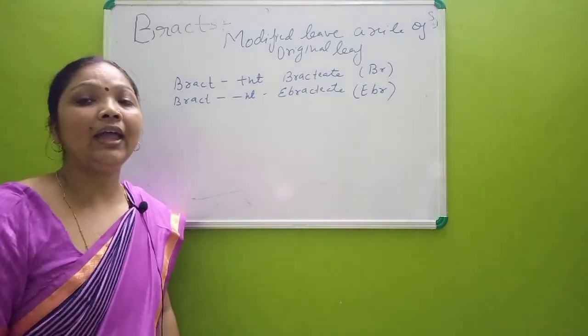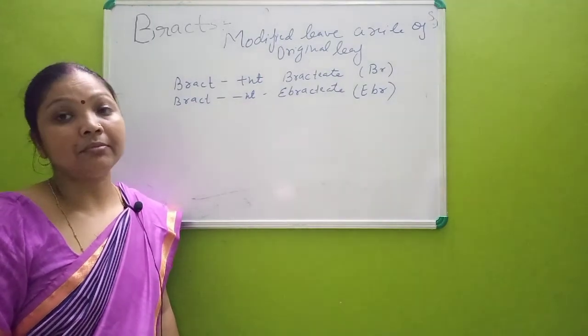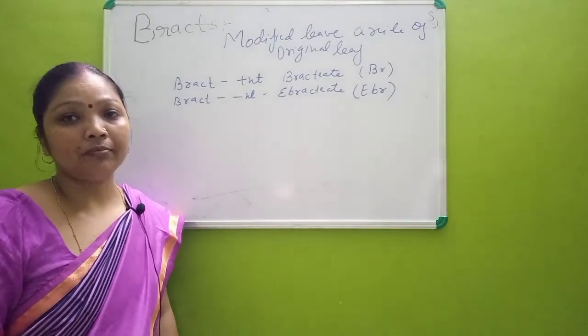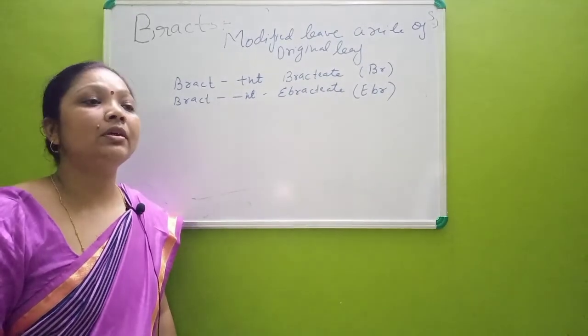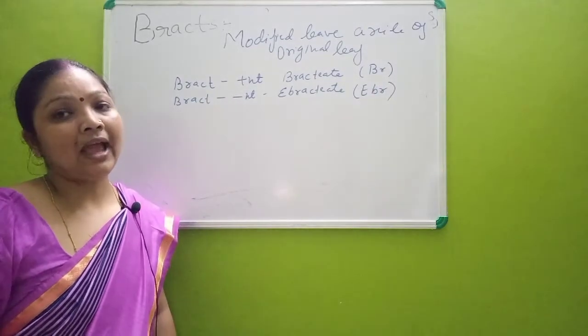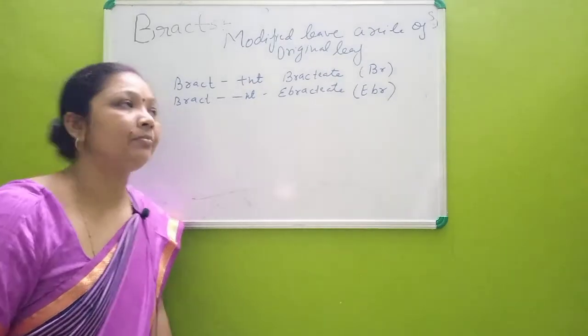Now, why are these present? Why are the bracts present, and what function is performed by them? On the basis of function, the bract may be of the following types.